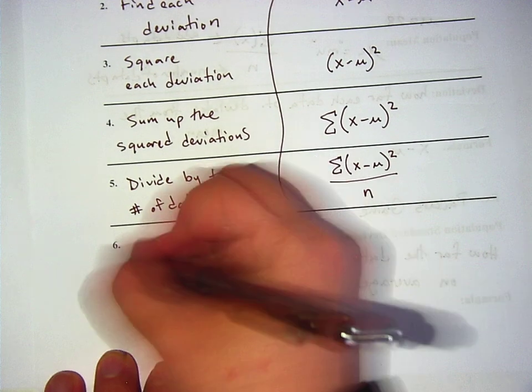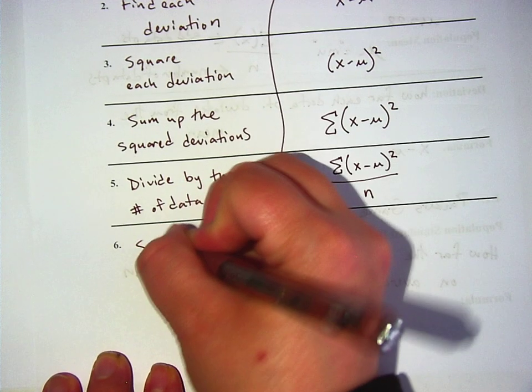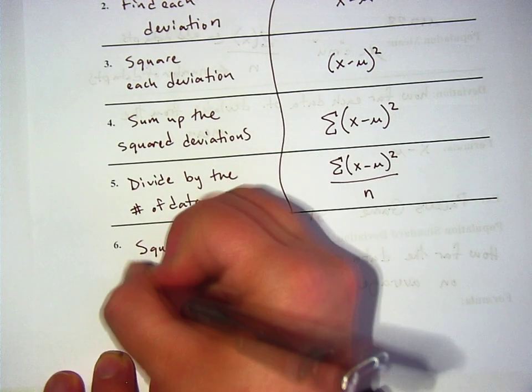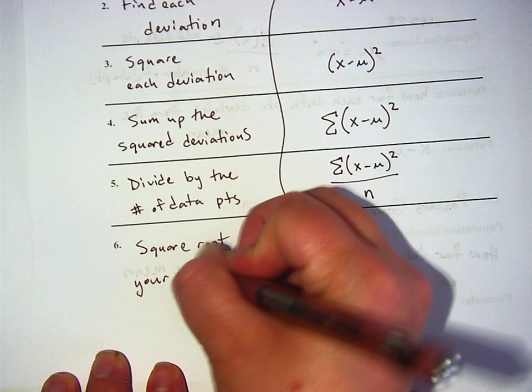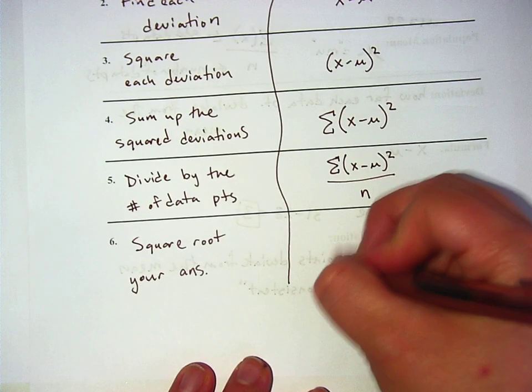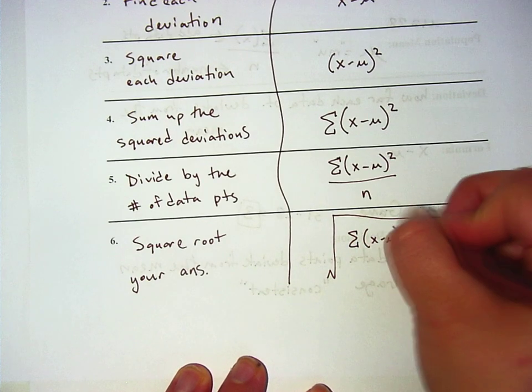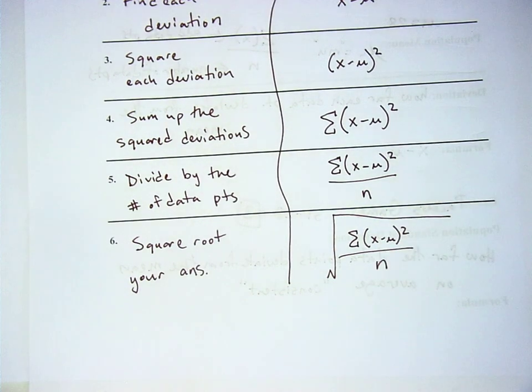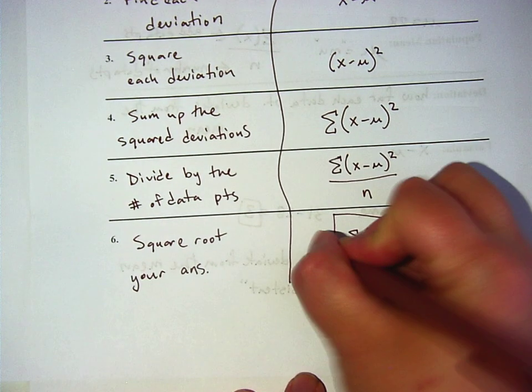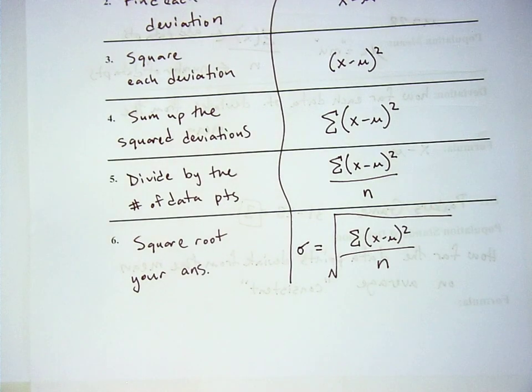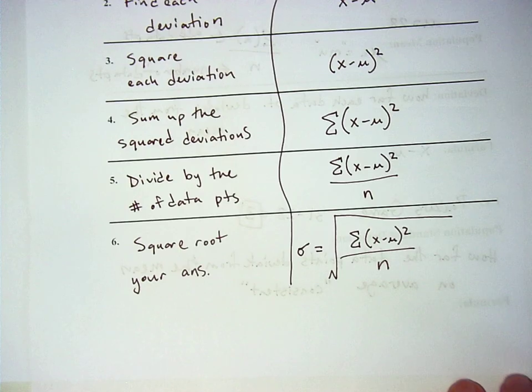So my final step was square root your answer. And the whole equation is the square root of the summation of x minus mu squared all over n. Equals sigma. Just like an O with a tail off the top. It is not called O-tail, which a lot of kids have called it, to my chagrin.